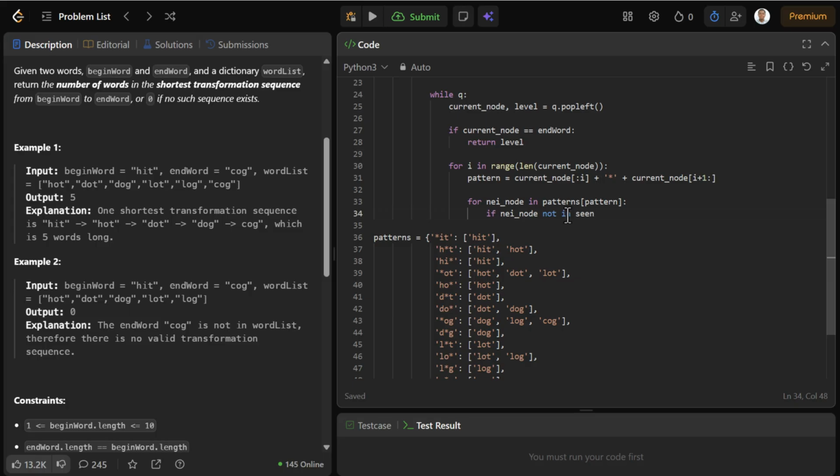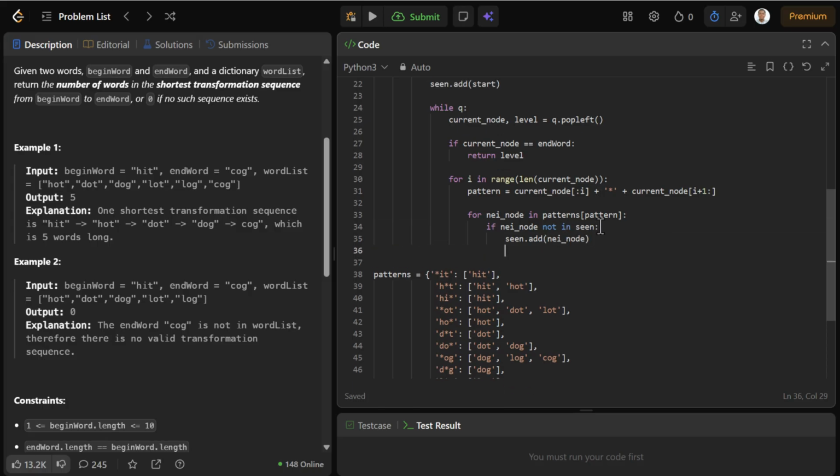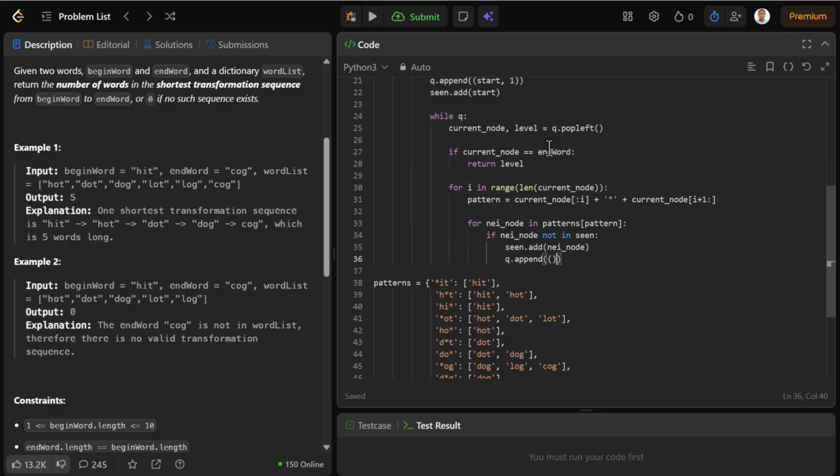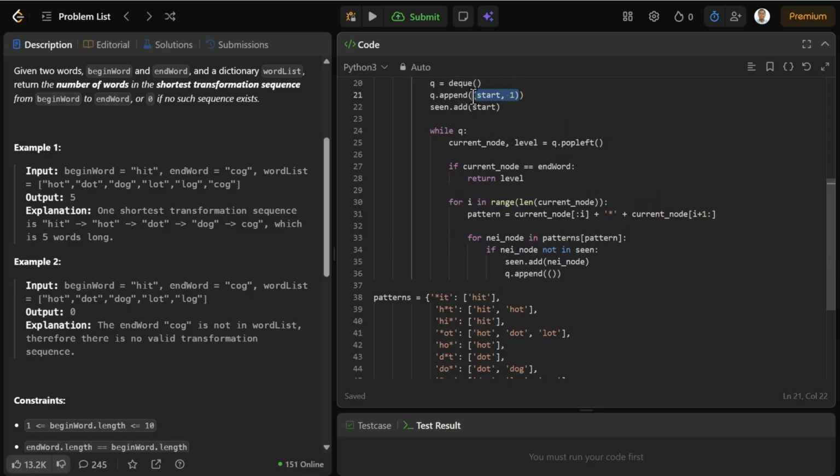So if the neighbor node is not in seen, you can go ahead and add it: seen.add of the neighbor node, and then also add it to the queue with queue.append. To add to the queue, we have to follow the same structure as before. So here we have the neighbor node, and we also need to add the level, because this is the current level, which is 1, and we need to update the level by 1. So that's the idea.